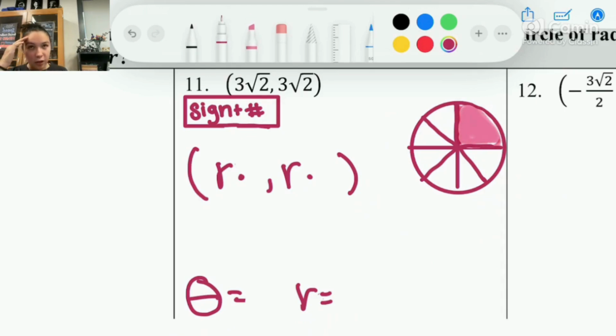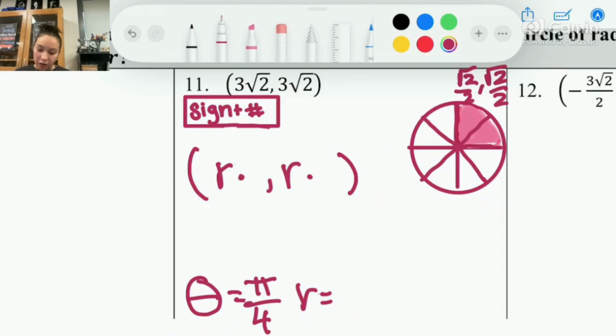When you think about what possible coordinates there could be, there's only one in the first quadrant that gives you the numerator of square root of 2, and that would be at pi over 4, which is square root of 2 over 2 and square root of 2 over 2. So now you know that your theta is going to be pi over 4.